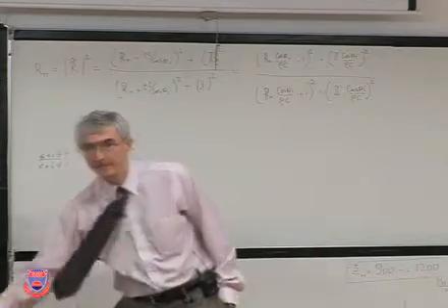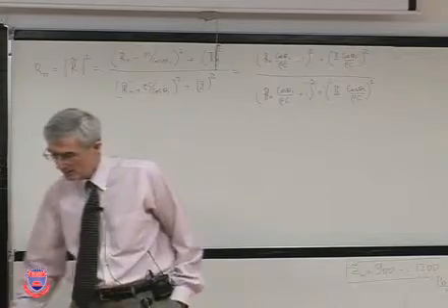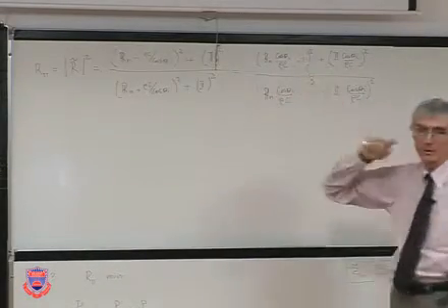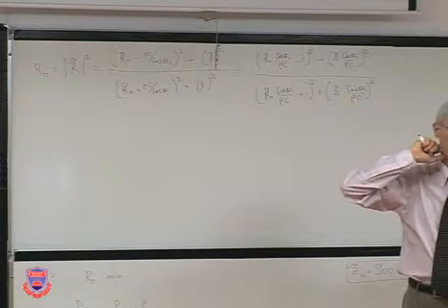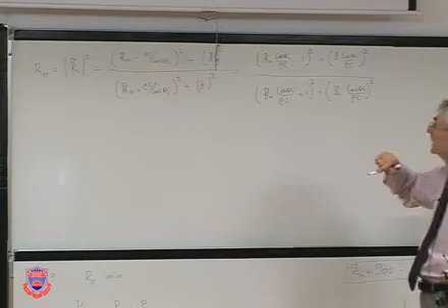Okay, so the next thing we do is find the value of cosine theta, or theta i, that makes it minimum.